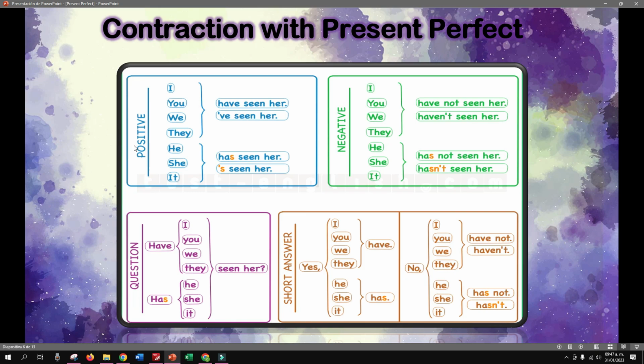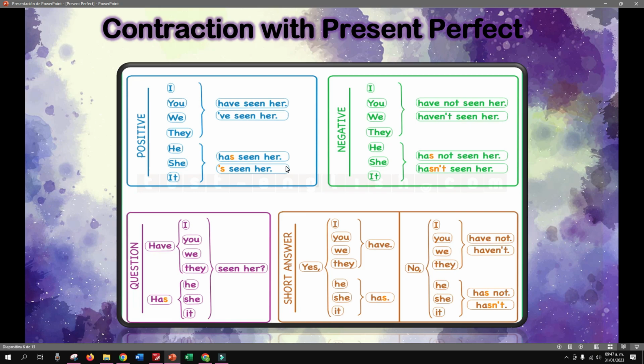What about if you have the third person? He has seen her. In this case, again, just omit the H and A, apostrophe S. So, he's seen her. She's seen her.